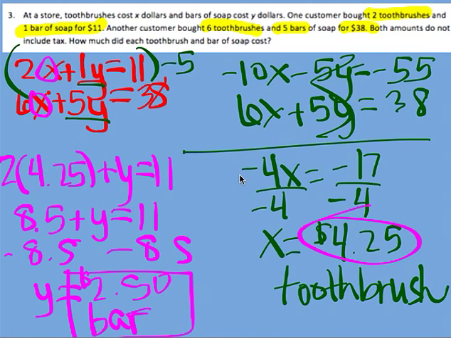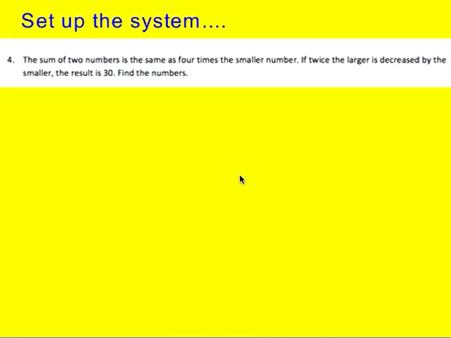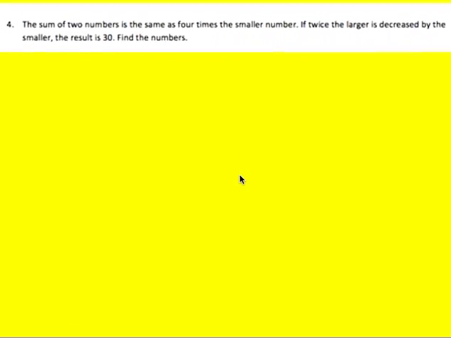So that is your final answer for number 3. Next, let's take a look at number 4. We need to set up the system. The sum of 2 numbers, and 'is' means equal. So the sum of 2 numbers, say x and y, is the same as 4 times the smaller number. I've chosen that x is going to represent the smaller number.